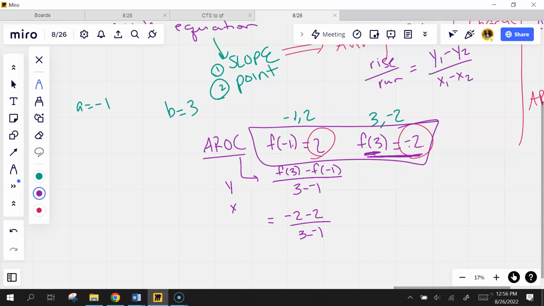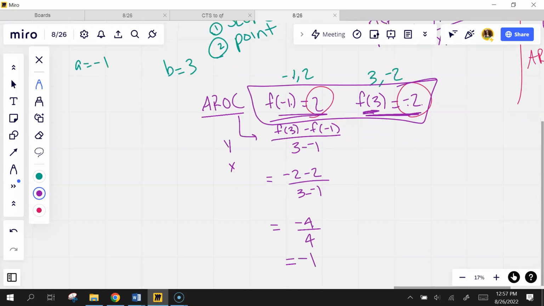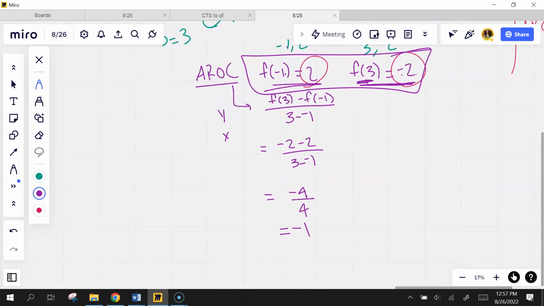It's just written funny. So I've got -4 over 4. 2 minus 2 is -4. 3 minus -1 is 4.